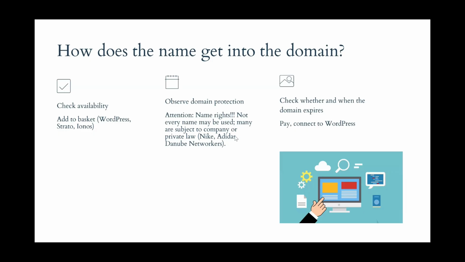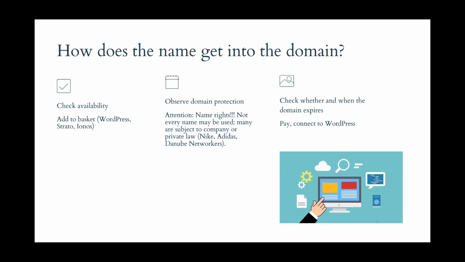So check the name, and then you have to observe domain protection. That's very, very important. In Europe, we have name rights. So not every name may be used. When you have a company or a special name like our former Bundeskanzler Angela Merkel or Nike, Adidas or Pope Francis or everything else, you mustn't use this name because it's protected by law.